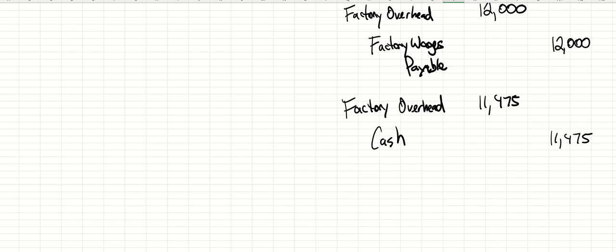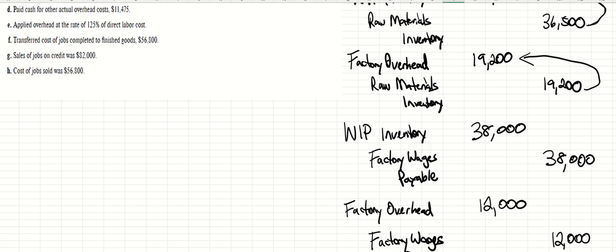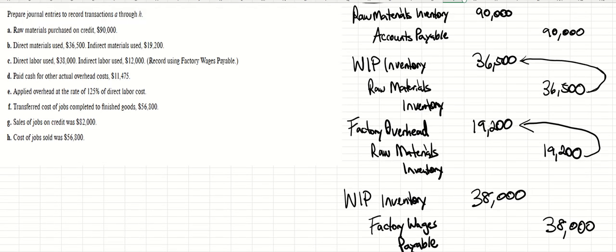So you do have to make an estimation of what you think the overhead is going to be throughout the period, and then during the production process, you can get your actual overhead cost amount that needs to be recorded in that account. Okay, so that is letter D.